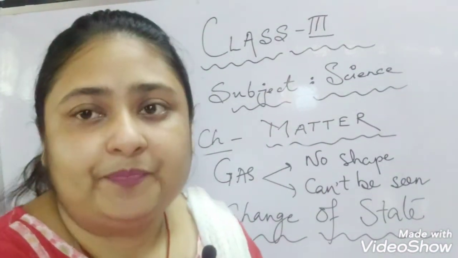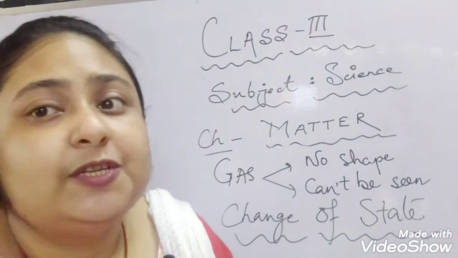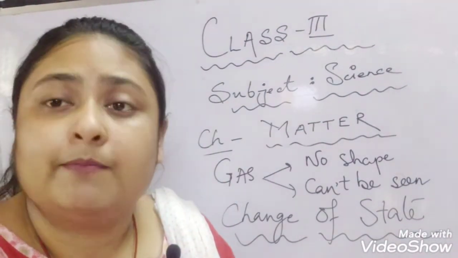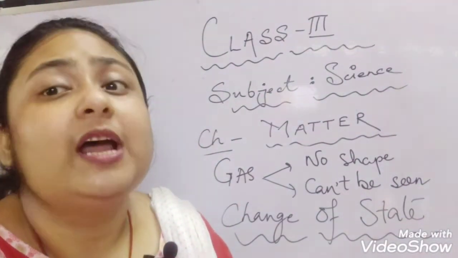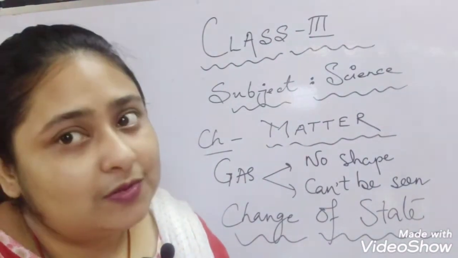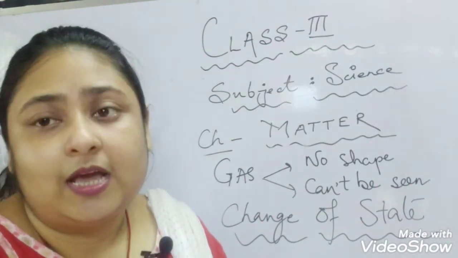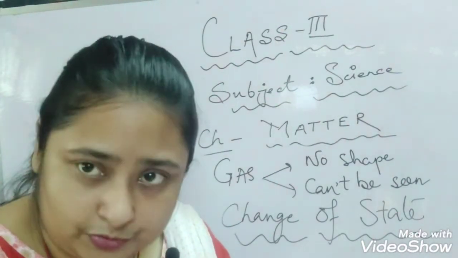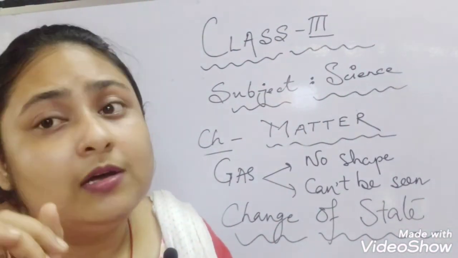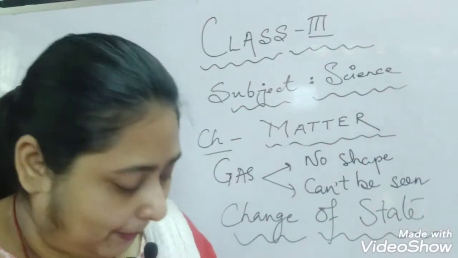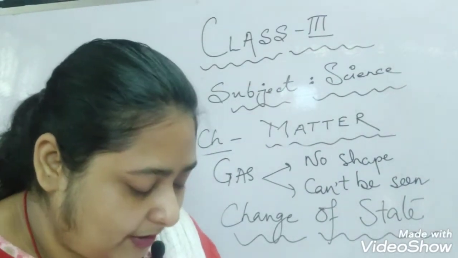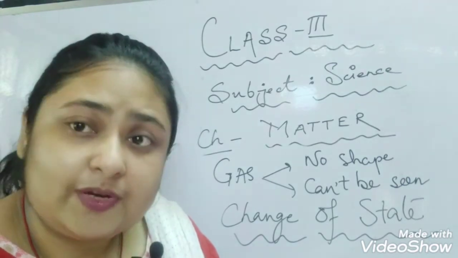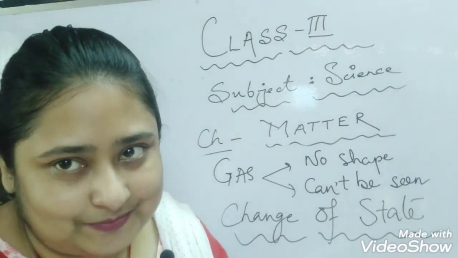So children, the oxygen that you take in, which is very important for our living, is also a gas. The carbon dioxide which we breathe out is also a gas. Our atmosphere is also made of different types of gases.